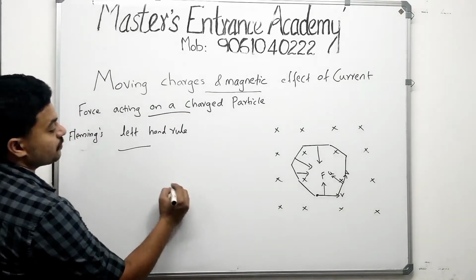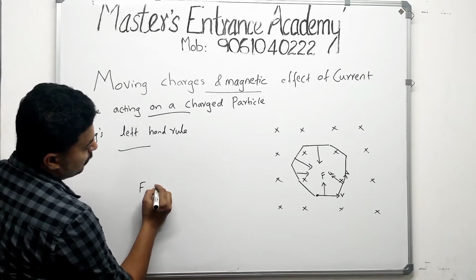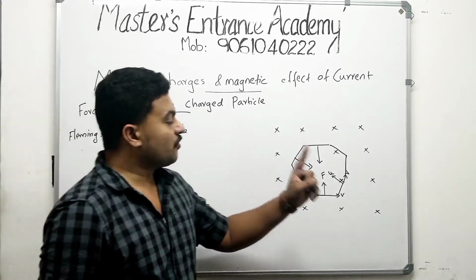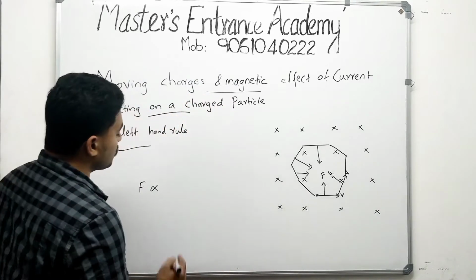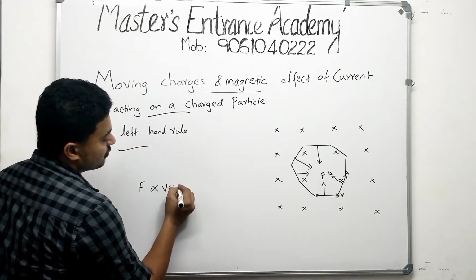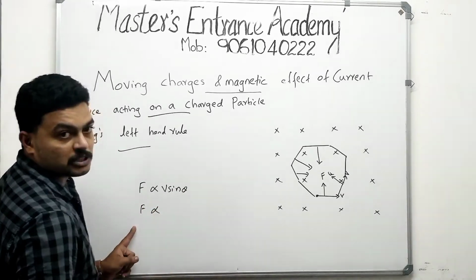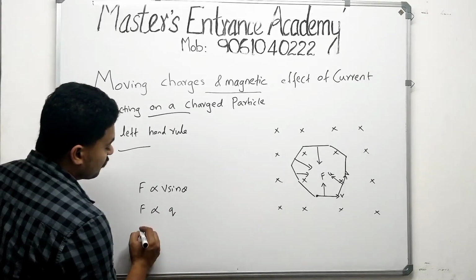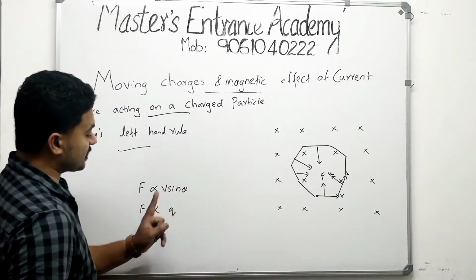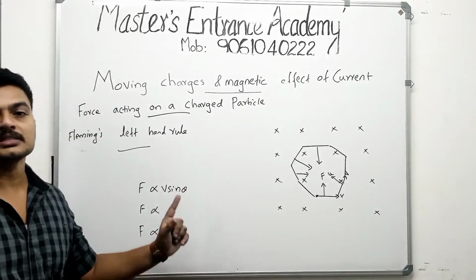The force is proportional to v sin theta, the vertical component of velocity. The magnetic force is also proportional to the magnitude of the charge, and proportional to B. So these three quantities determine the force.